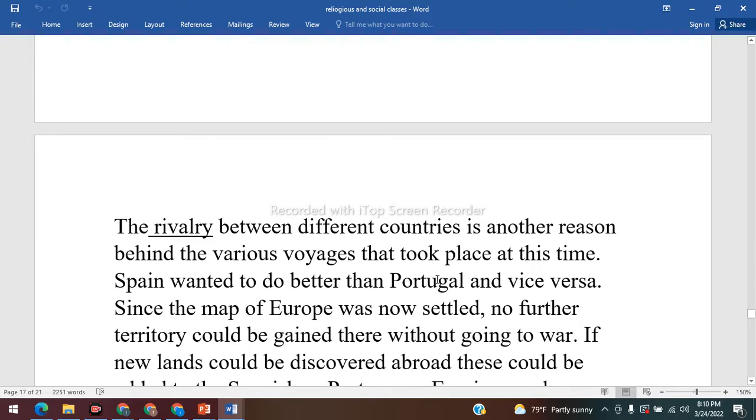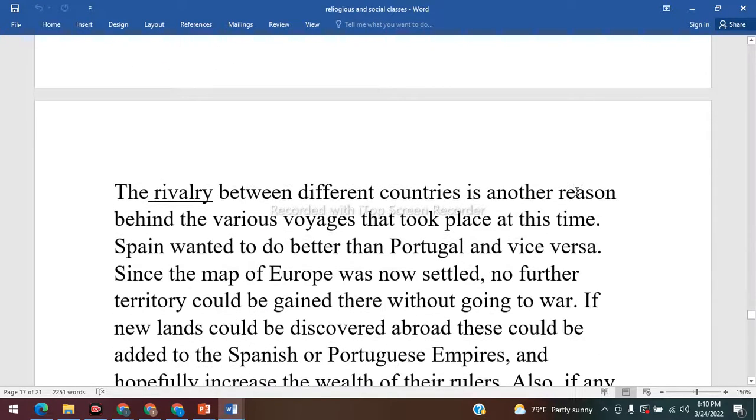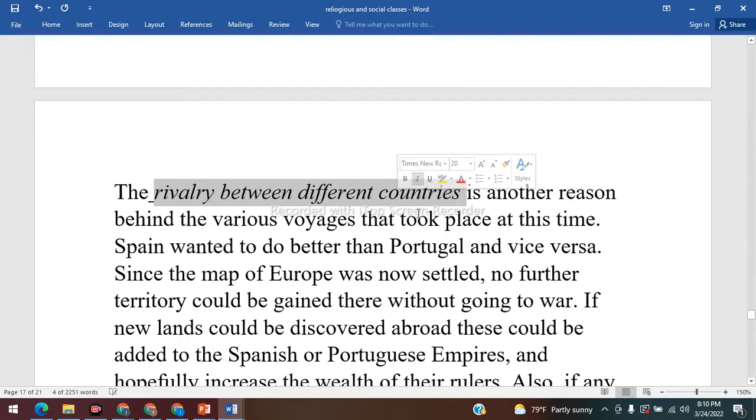Well, the first reason that we talked about last week was rivalry between the two countries, right? And we said what rivalry means. Can anyone remember what rivalry means? And if I say Miss Coop is my rival... The person they're going against, or like an enemy.